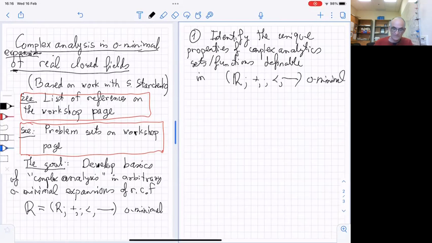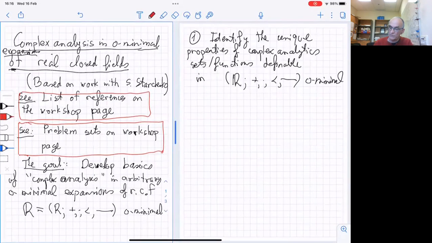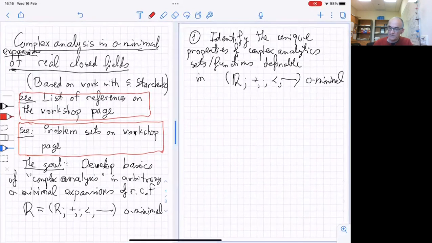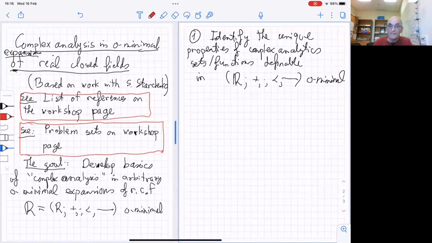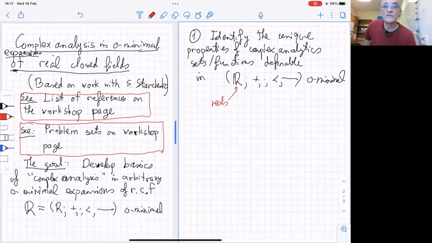Notice the difference that here it's actually the reals. In some sense, this is what applications are interested in. We want to know what happens really in the complex numbers, the actual complex numbers.